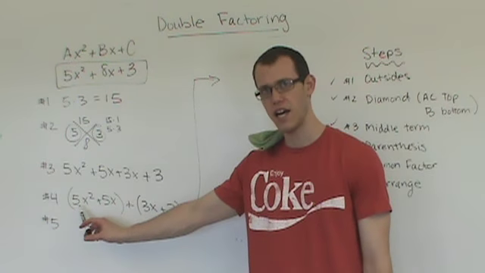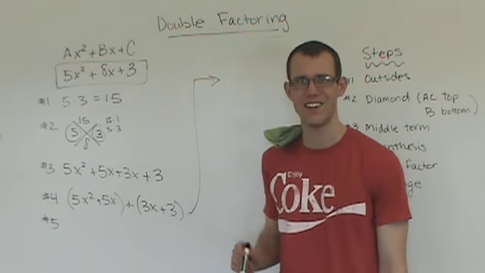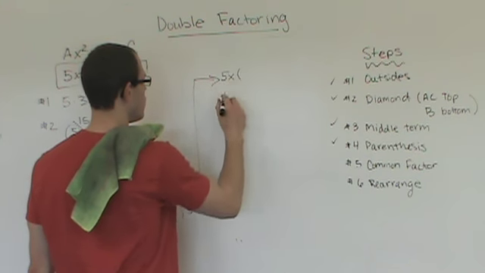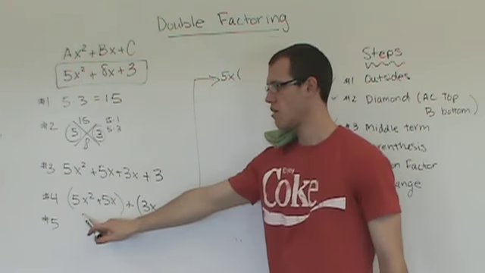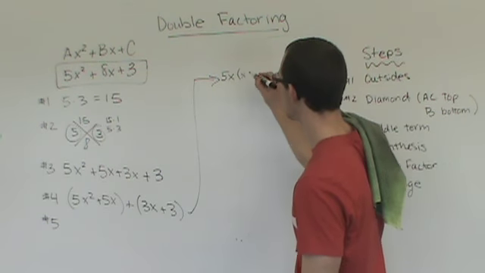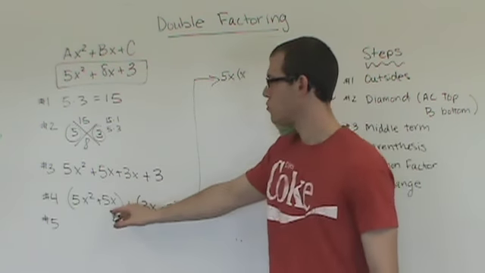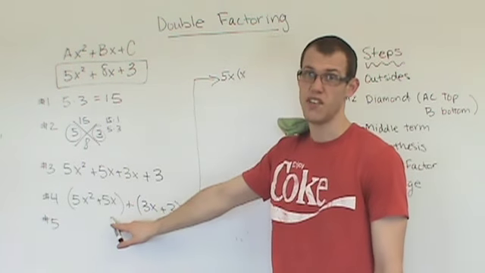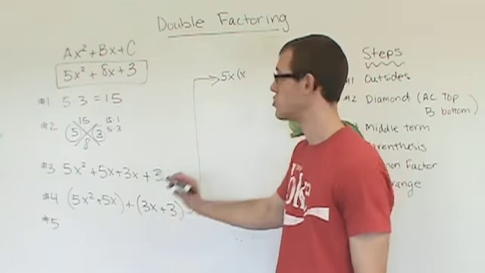Well, each has a 5 and each has an x, so I can take out a 5x. So I'm going to write 5x. So what's left if I take out a 5 and an x from the first term? There'd just be an x. And what would be left after I take a 5 and an x out of the second term? Well, nothing, but we need something to put there, so we put a 1.